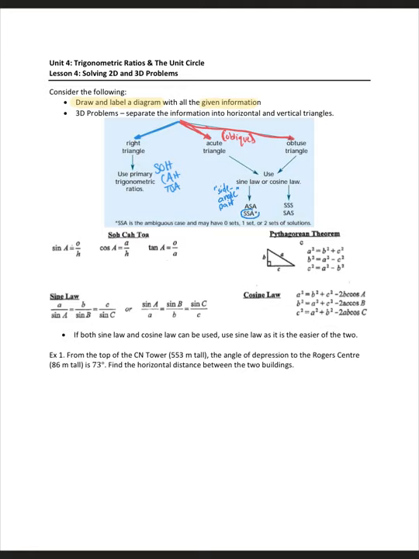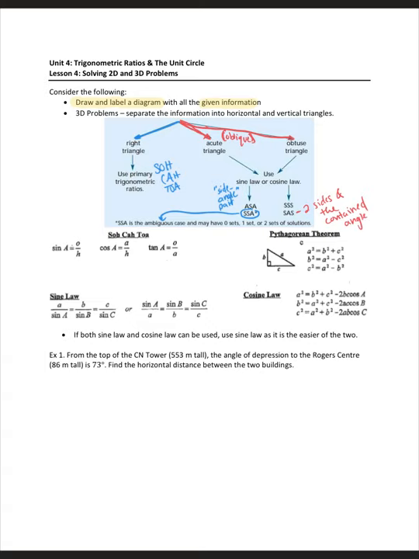If we're given side-side-angle in a triangle, then we have to pay attention to the ambiguous case and test for the ambiguous case to see if there's going to be 0, 1, or 2 triangles possible. If we're given side-side-side or side-angle-side, then we use the cosine law. So this is either all 3 sides or 2 sides and the contained angle, so the angle made between those 2 sides.